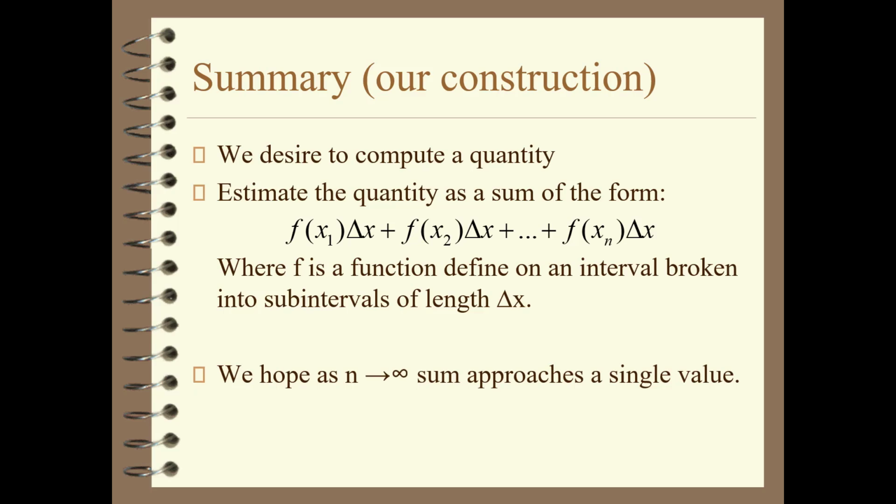We'll just hope that as we let n grow without bound, as we break the interval into more and more pieces, so that each of these products becomes incredibly small, but we're adding up many of them, that sum approaches a value, and it doesn't matter how we make our choices of the x values in these different subintervals. To automate this process, we're going to need notation.